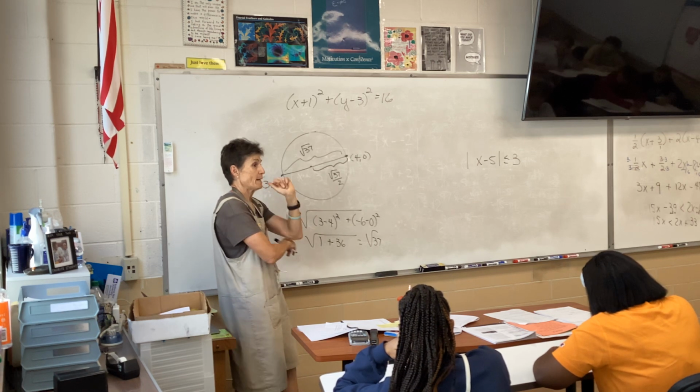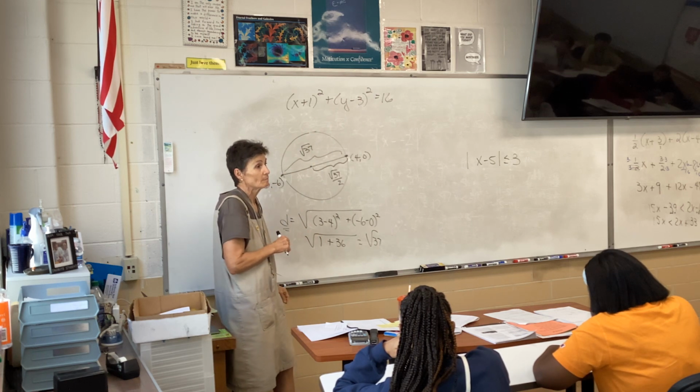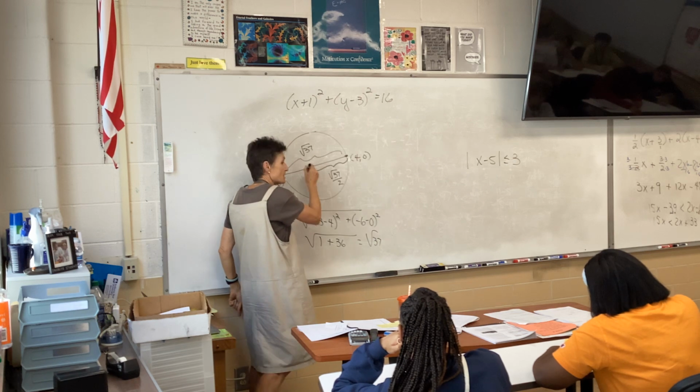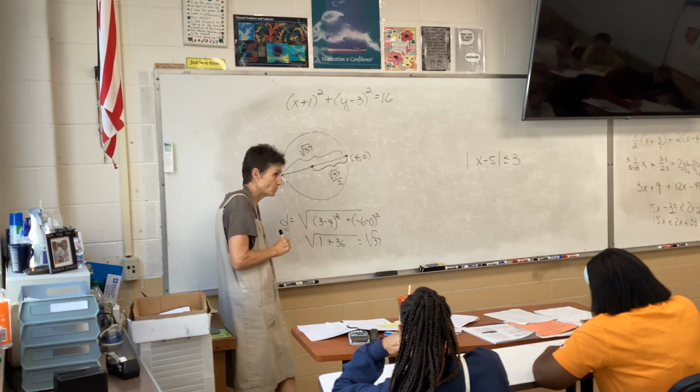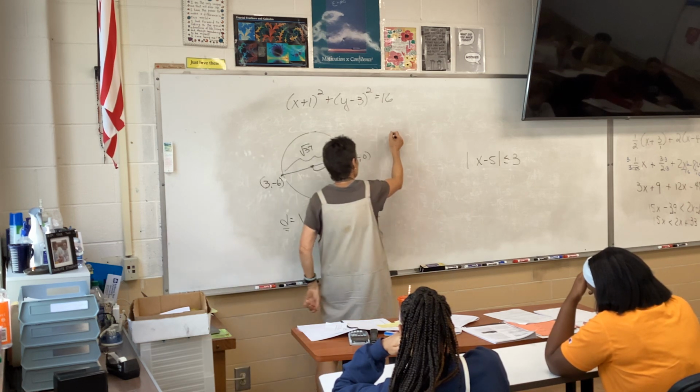Now, what else do I need? If I'm gonna write an equation like this, what else do I need, Meg? You need the midpoint, because the midpoint of the diameter is going to be the center of the circle, right? So how do I find the midpoint?